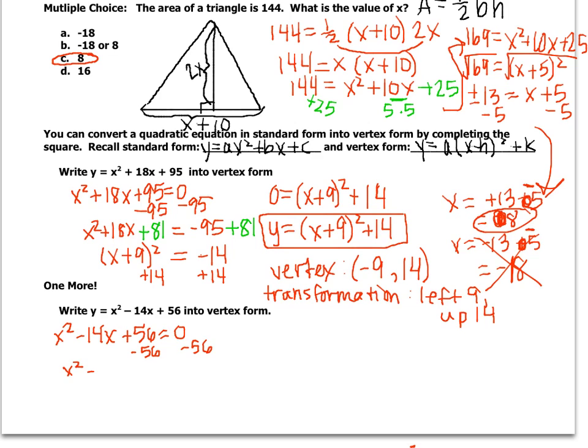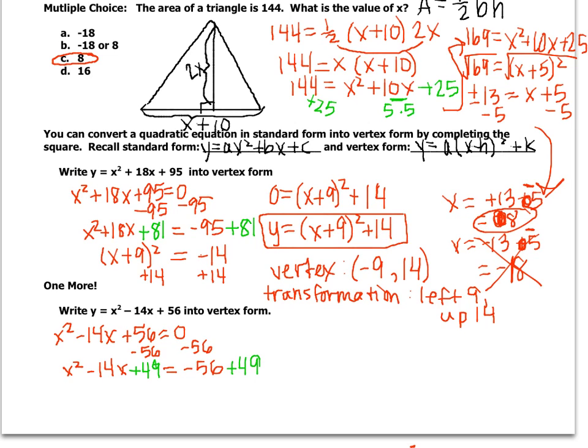So I have x squared minus 14x, I'm going to leave some space for my c, equals negative 56. So I've got to think, what do I have to add to both sides to complete this square? Well, half of negative 14 is negative 7. Negative 7 squared is positive 49. So I'm adding positive 49 to both sides.